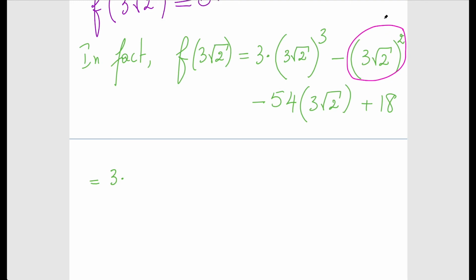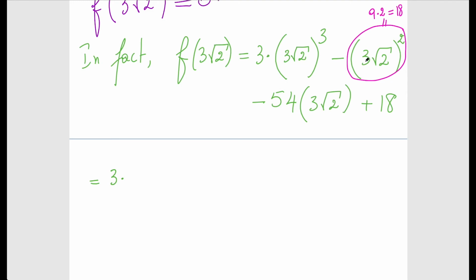Let's actually find this. What is that? 3 square root of 2 squared, which means 3 square root of 2 times itself. Well, 3 times 3 is 9, right? And 9 times square root of 2 times itself. What's square root of 2 times itself? It's square root of 4, which is 2. Correct? So this is 18 then. So this guy is 18.